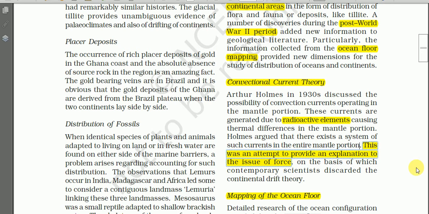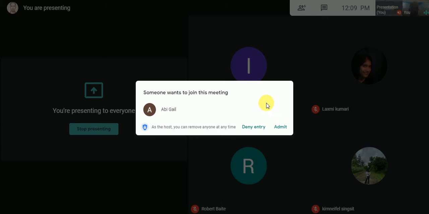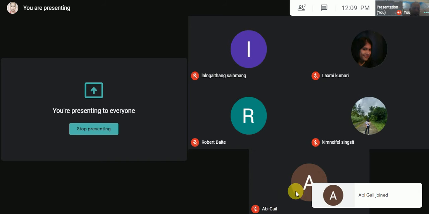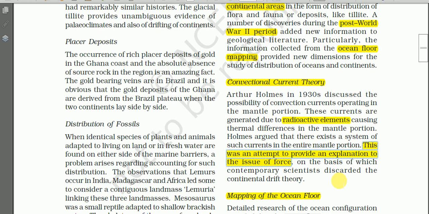He mentioned two forces, that is poleward fleeing force and the other one is tidal force, and those two forces were not so strong to drift the continents, and on that basis this continental drift theory was discarded by the scientists.